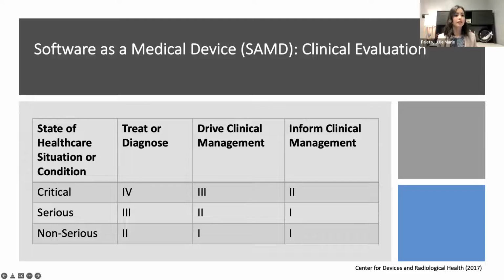So top left is the highest risk category, and that's going to be affiliated with higher oversight and regulation. And then the bottom right is really education CMDs for non-serious conditions. That's going to require little to no oversight, depending on subjective interpretation, I suppose.